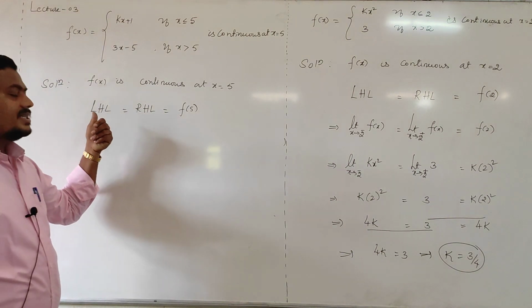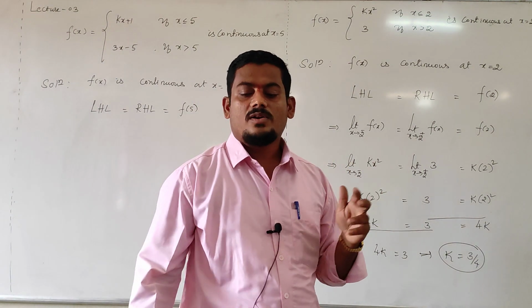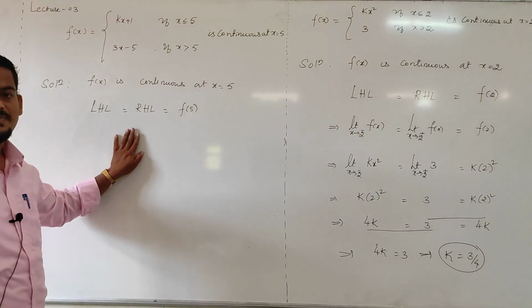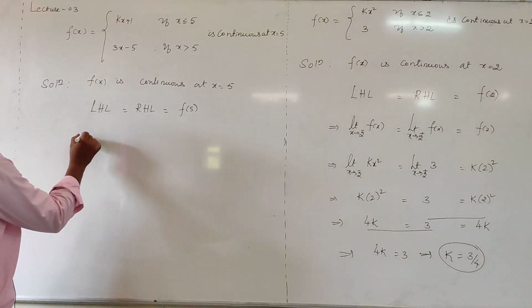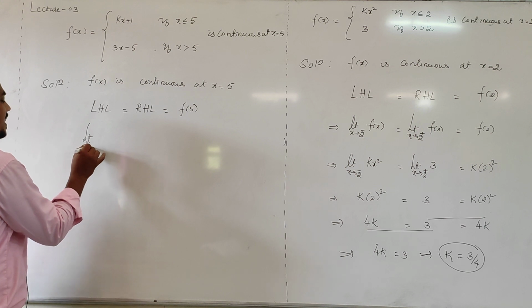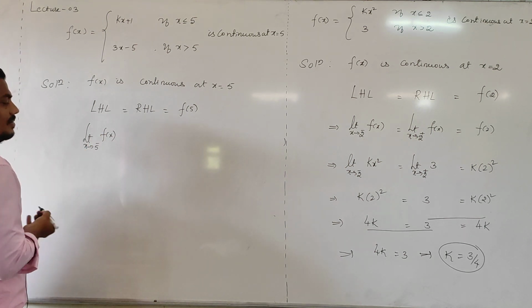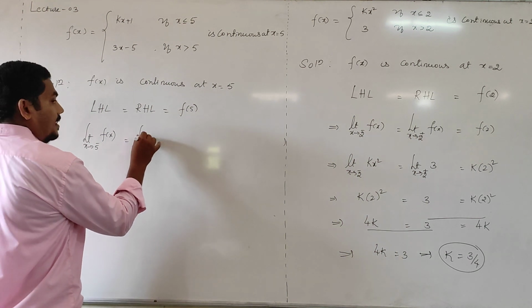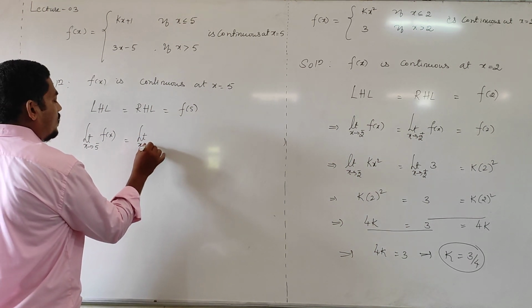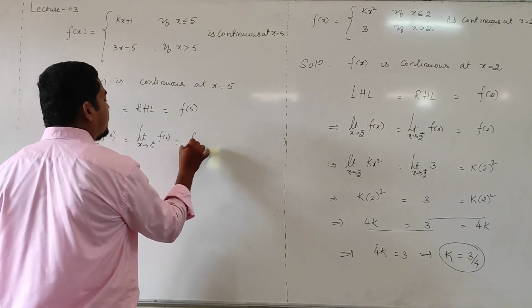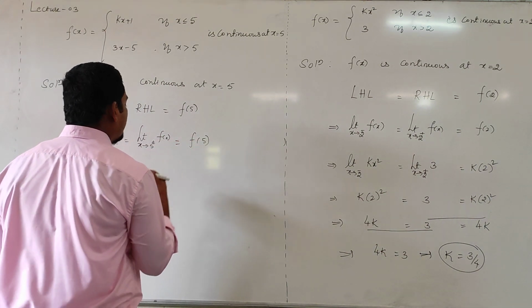First write this condition: left hand limit equal to right hand limit equal to functional value. It is a very important and necessary step, right? After that, limit extending to 5 minus, in the first step write in general function f of x, then limit extending to 5 plus f of x, that's equal to f of 5, right?